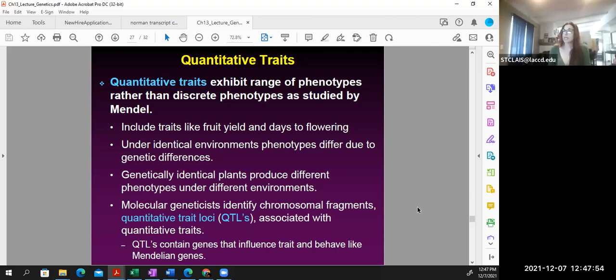And what is interesting is that because the environment influences this, it can account for some of the range as well. The area of the chromosome that's associated with the quantitative traits can be mapped using statistics to identify the QTLs, or the quantitative trait loci, and that'll basically tell you where on the genetic map that trait is located. It's like a model for the chromosome.